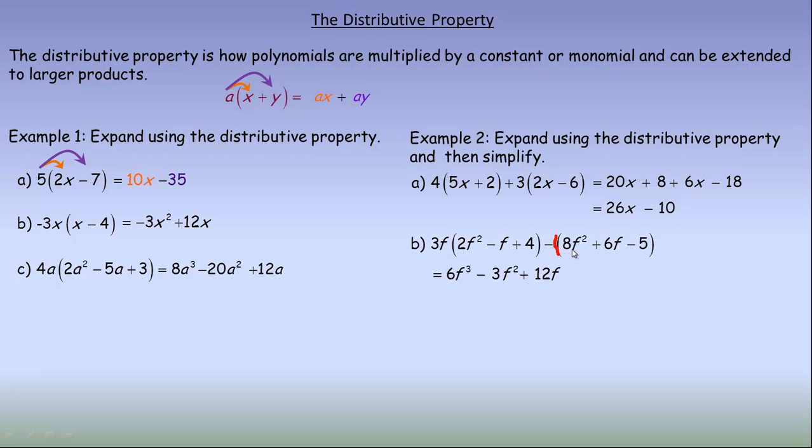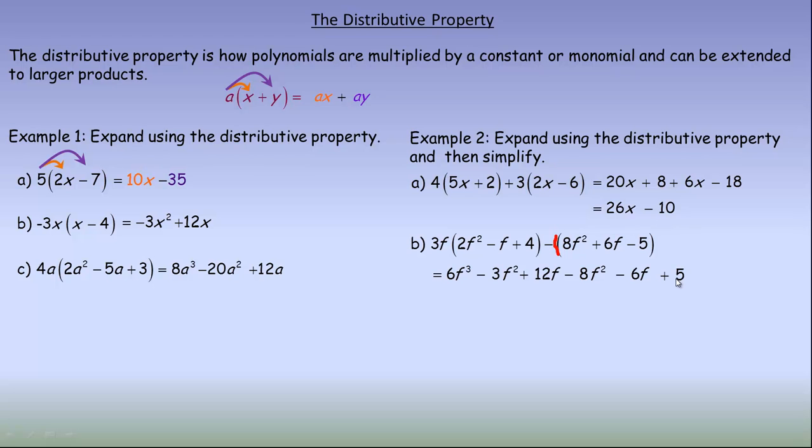You see, the 8f squared is positive inside the brackets. When we multiply that by negative 1, we'll get minus 8f squared. The 6f was a positive term here, so multiplying by negative 1, times 6 is negative 6, so it'll be minus 6f. The negative 5 on the end, or subtracting 5 in the end, negative 5 times negative 1 is a positive 5, so we'll put plus 5 in the very end.